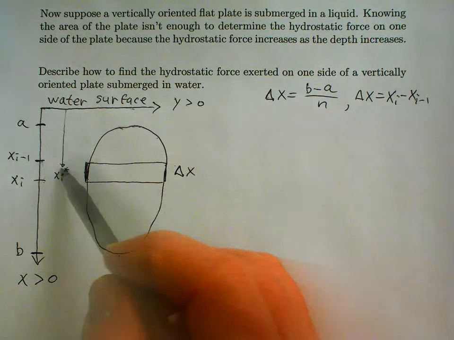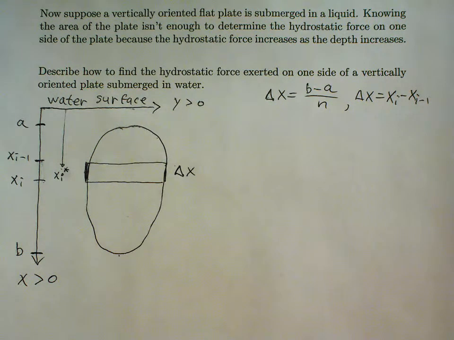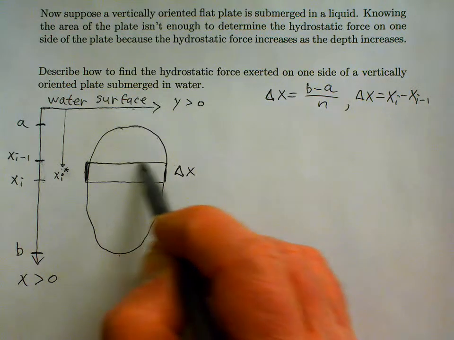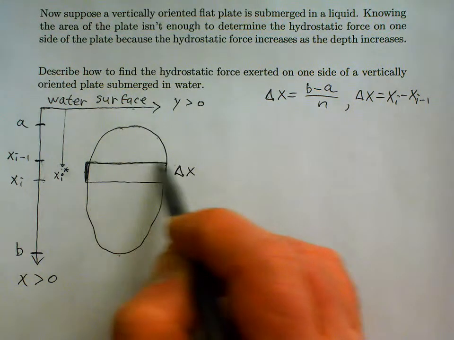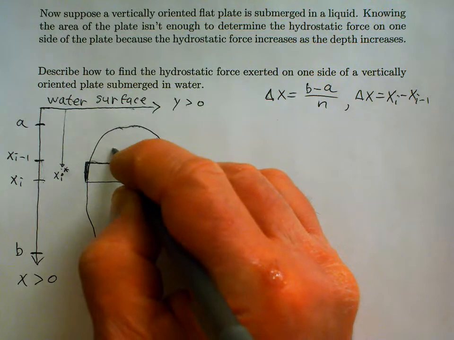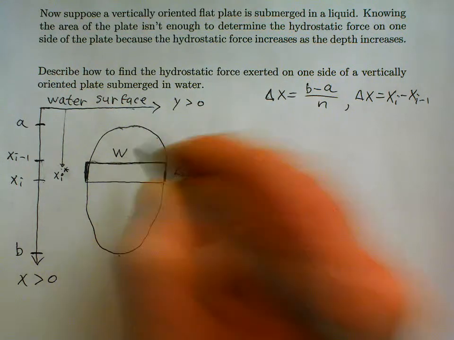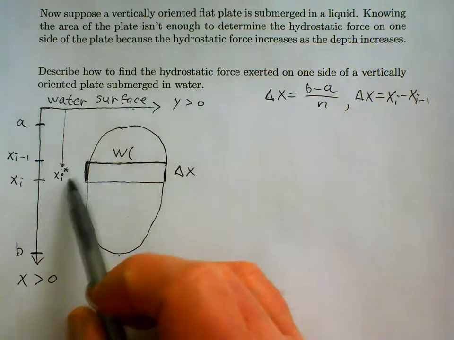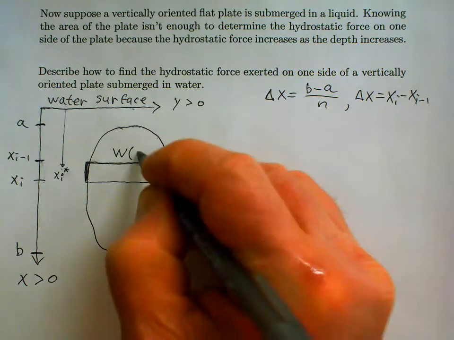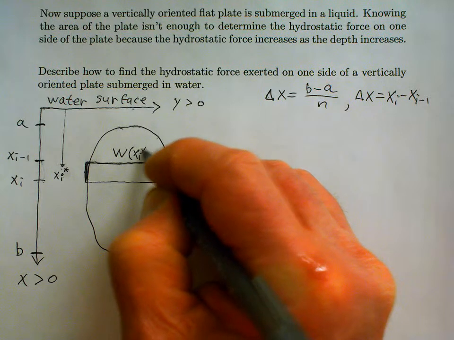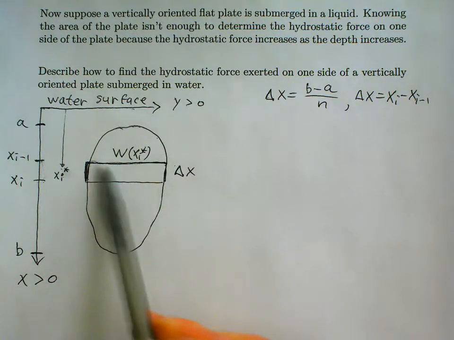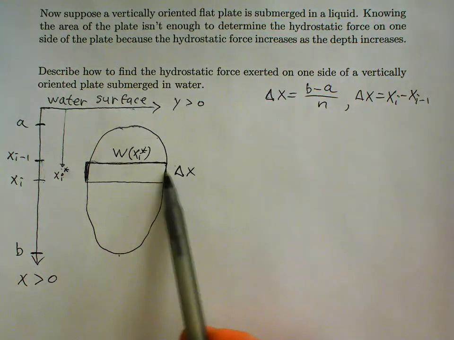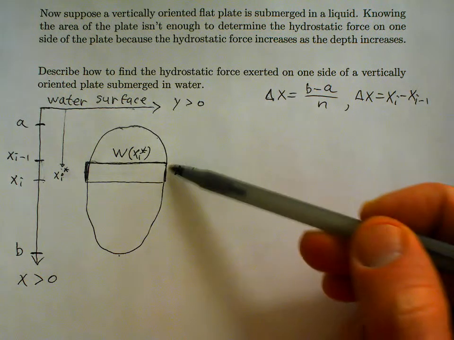So that's the depth. And then the length of the horizontal side of this rectangle, we will refer to that as the function w of x, but evaluated at x sub I star. So w of x sub I star represents the width, or the horizontal length of that rectangle. The vertical length is delta x.